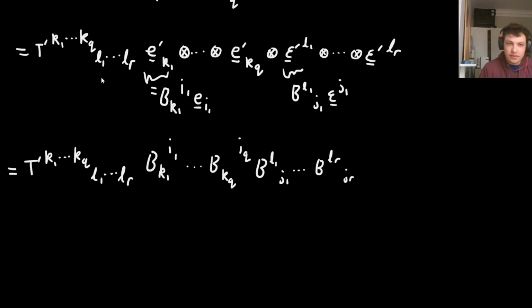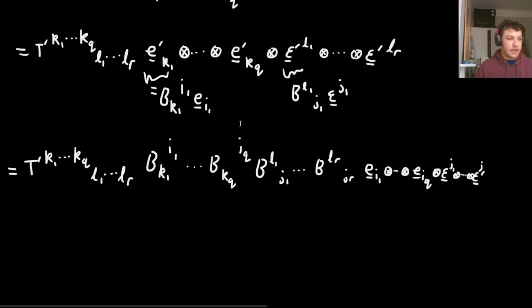There's a subscript R, you can't really tell, but it is. And then e_{I1} tensor up to e_{IQ}, and then the epsilons J1 up to JR. That's just about on the screen.